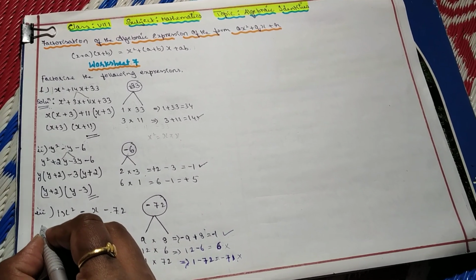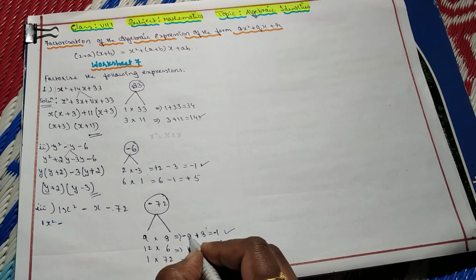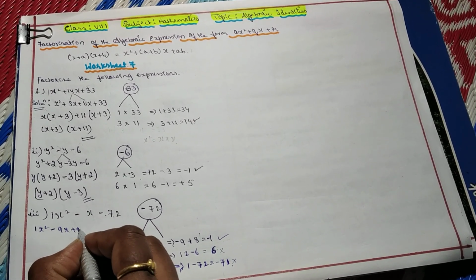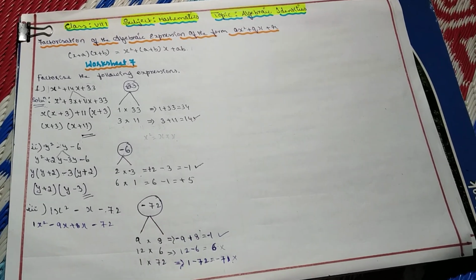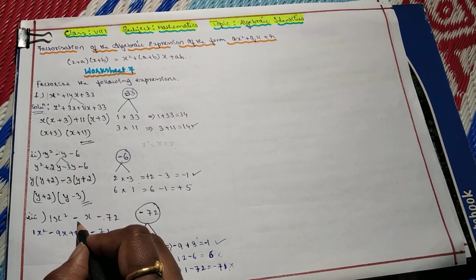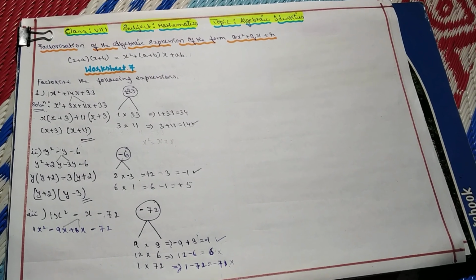So I'll write the first one as 1x² − 9x + 8x, and the last −72 as it is. Now this −1 in the middle is split as −9x + 8x, which equals −1x.